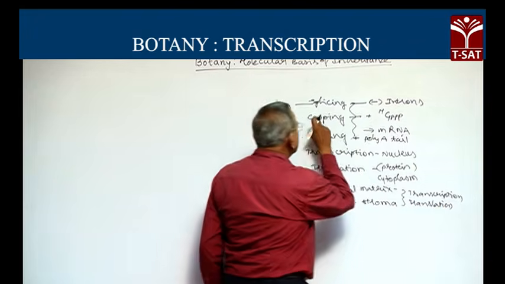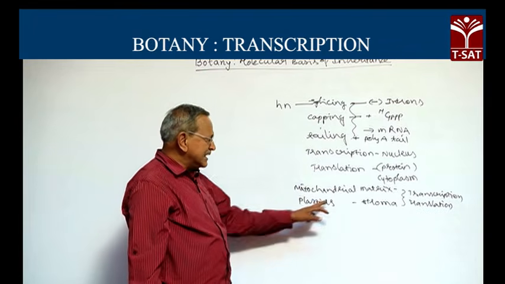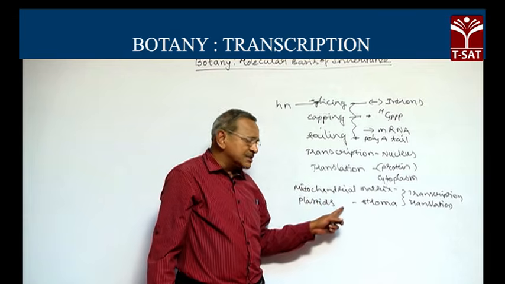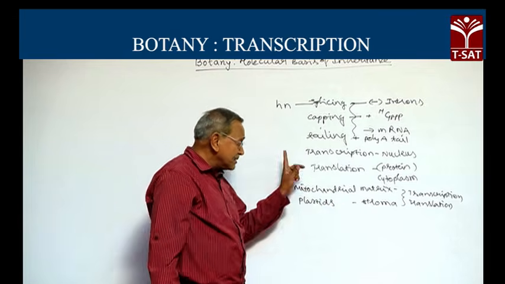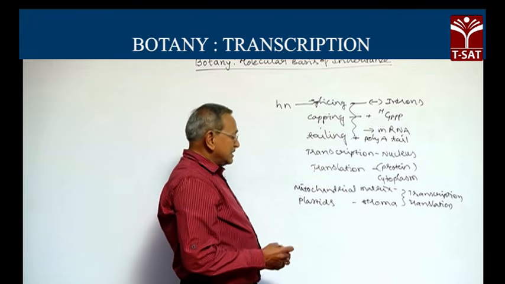And here we have 3 kinds of RNA polymerases. In this case only one kind of RNA polymerase, because these are similar to prokaryotic organisms. Only one kind of RNA polymerase will be present.